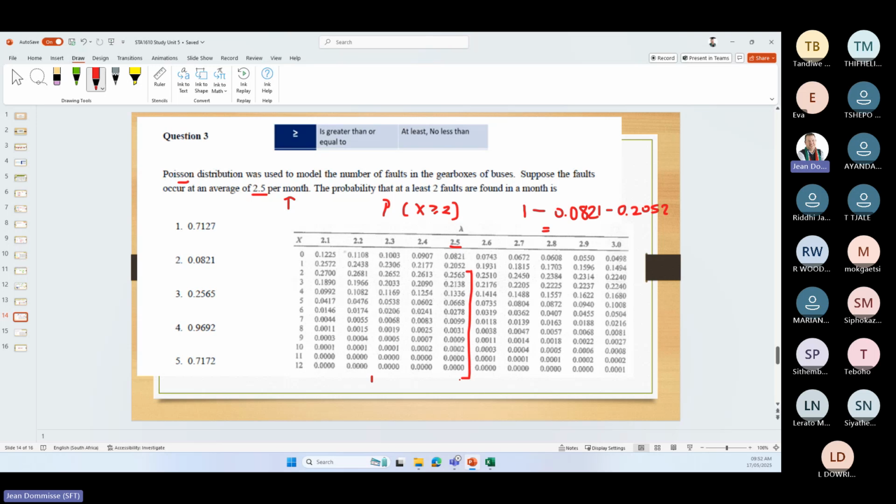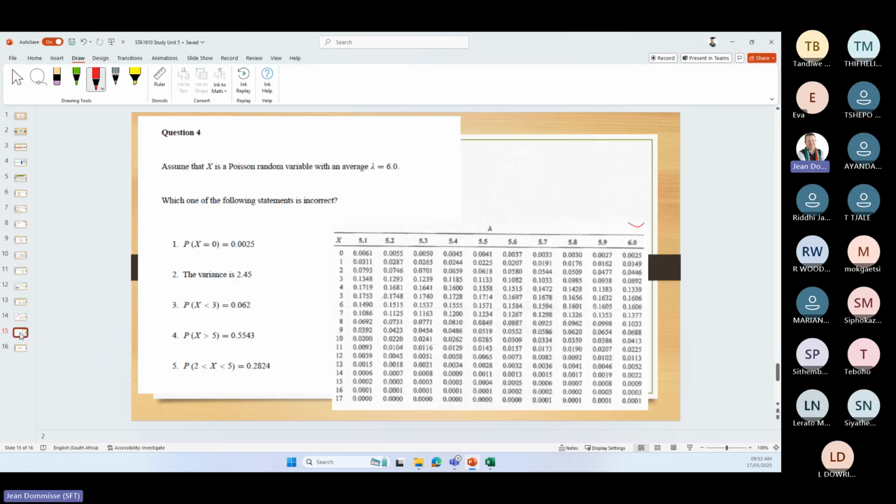Just 1 minus 0.0821 minus 0.2052, and that will give us 0.7127. So if you add all of those together, you will get the same answer. Again, just a different way of looking at it.